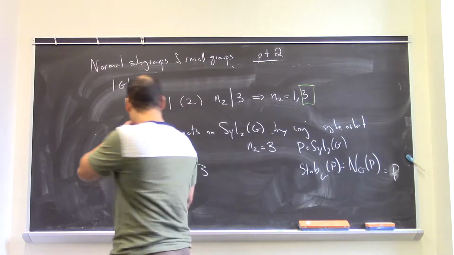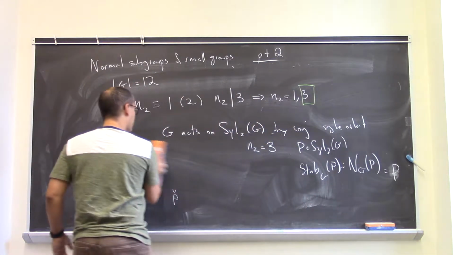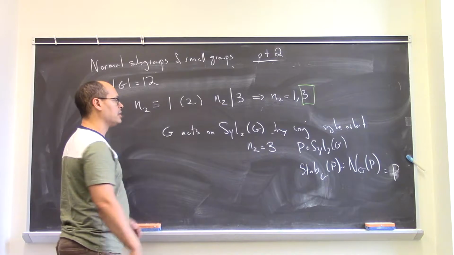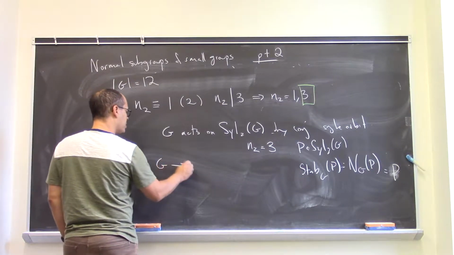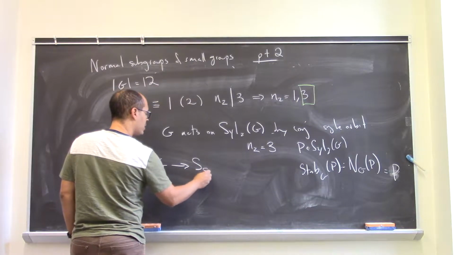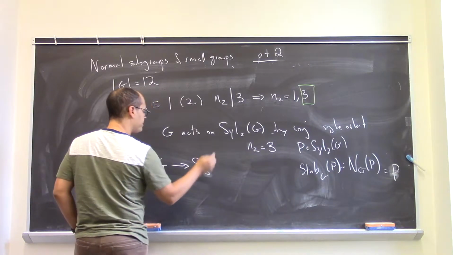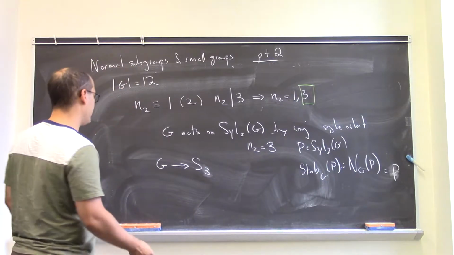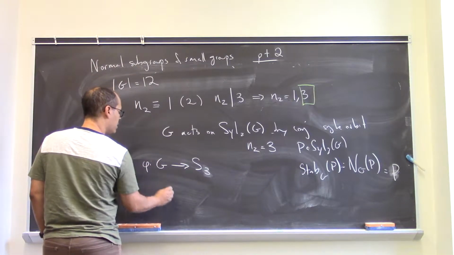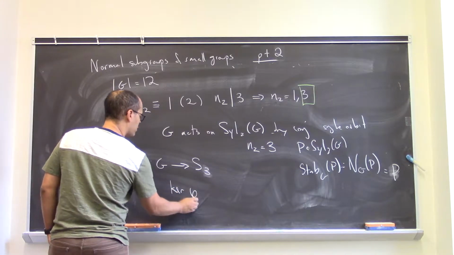Okay. And let's see, what else do we know? Because we're acting on this set with 3 things in it, we also get a map from G to the symmetric group of 3 elements, permutations of a 3-element set. If I call this phi, I can look at the kernel of phi.